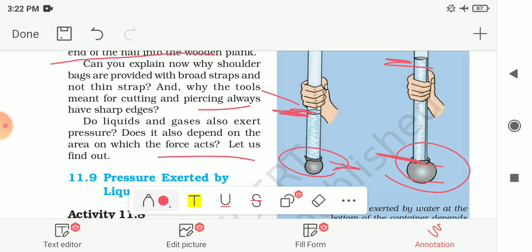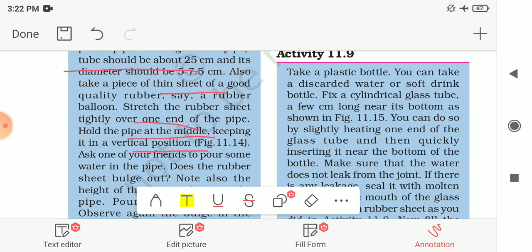Now another activity is given to you, activity number 11.9. For that you require a plastic bottle, and you can also use a discarded water or soft drink bottle.